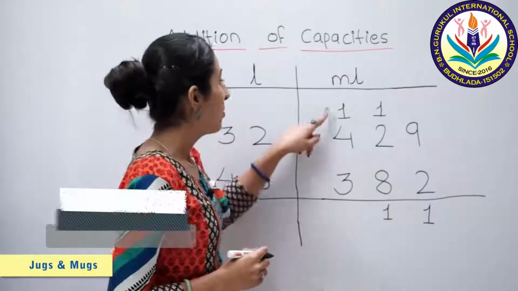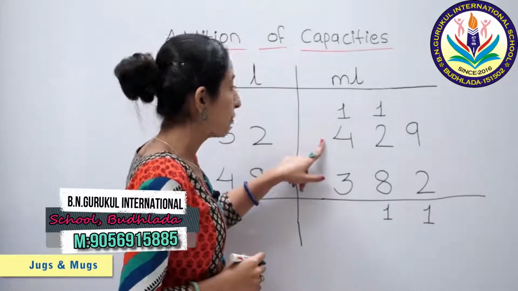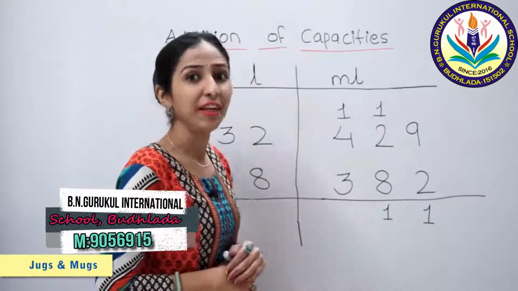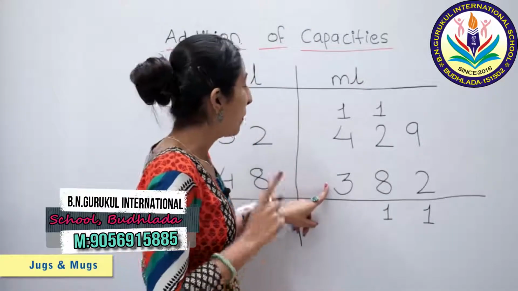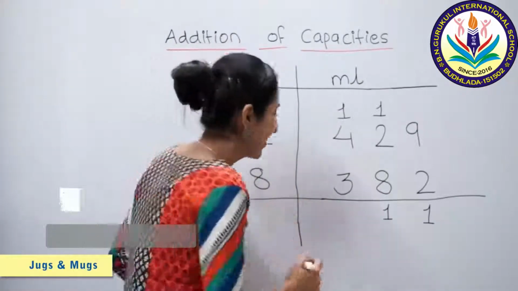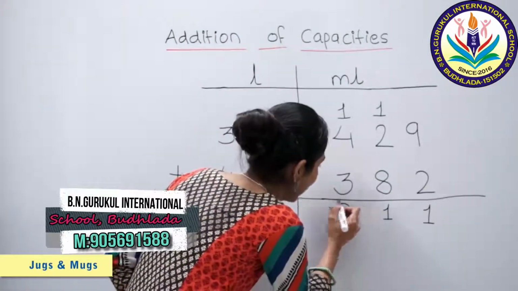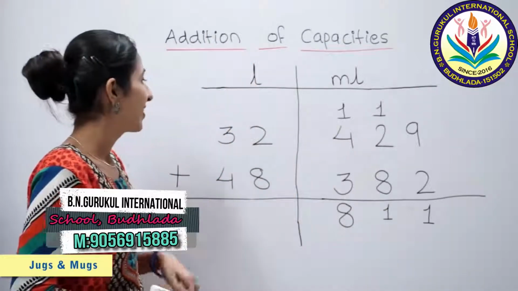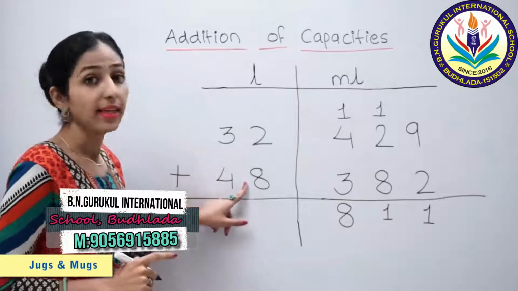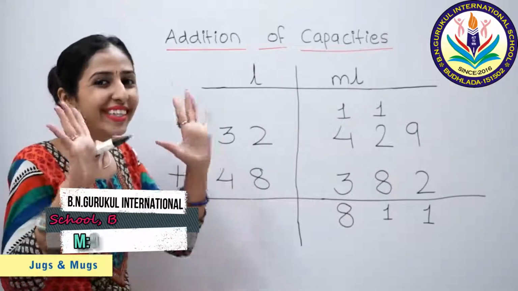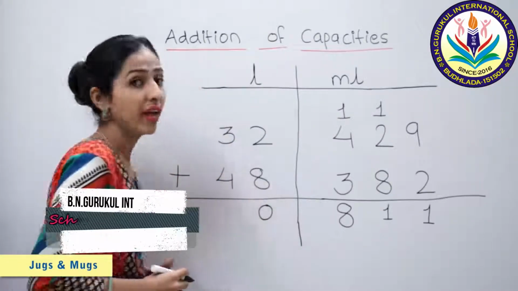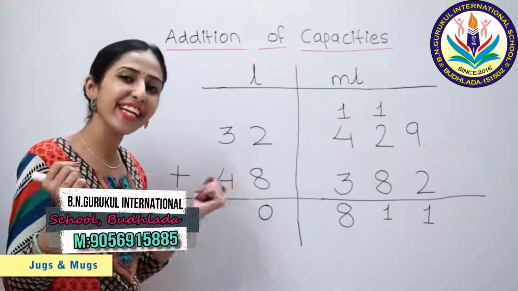Now, 1 plus 4 is equal to 5 and 5 plus 3 is equal to 8. Two plus 8 is equal to 10. So let's write 0 and 1 carry forward.